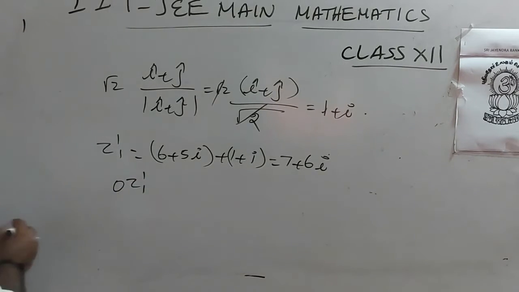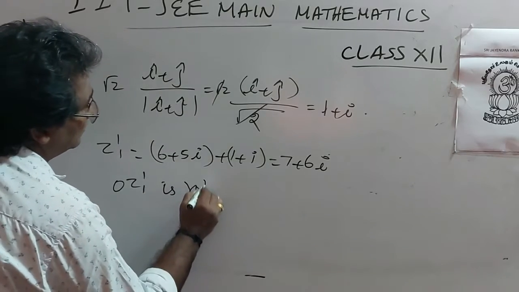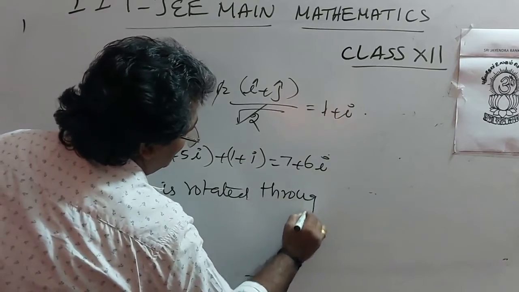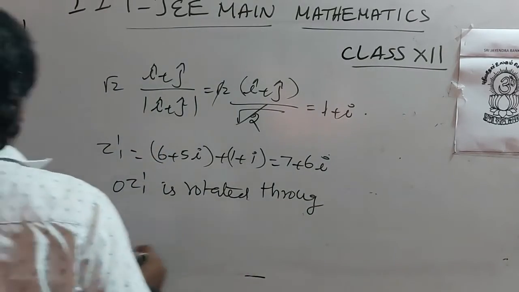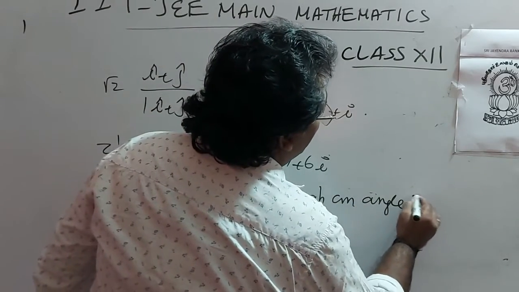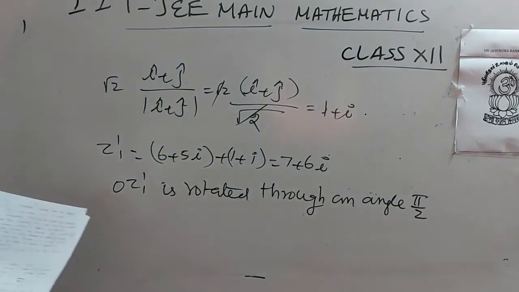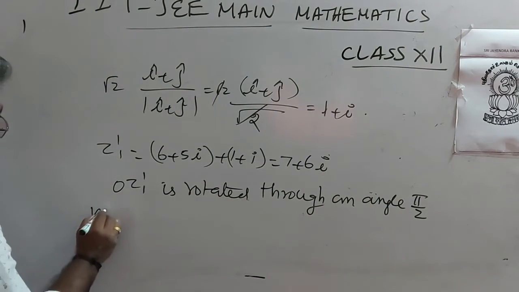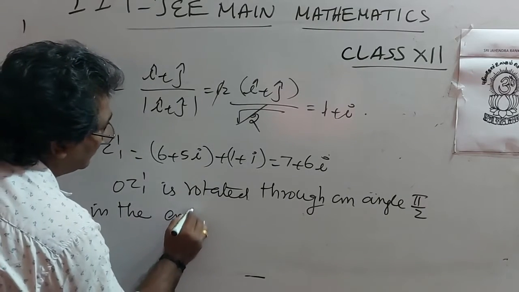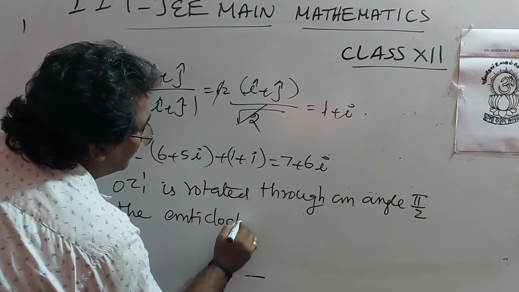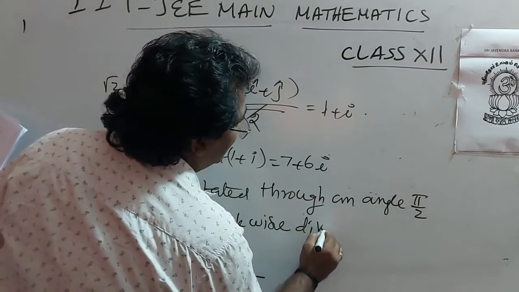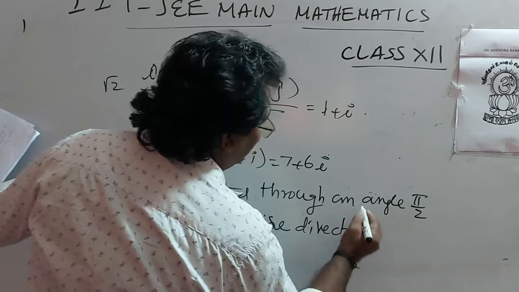Now Z1 dash is rotated through an angle pi by 2 in the anti-clockwise direction.